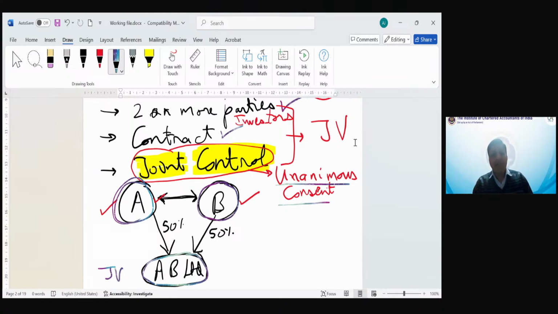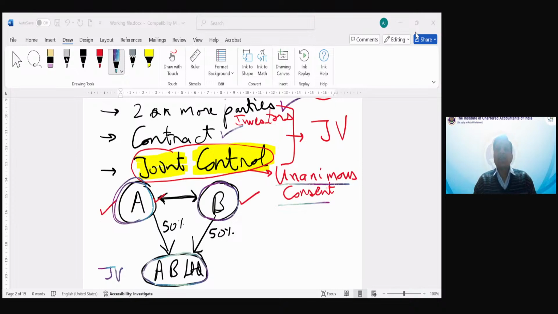How do you get a joint venture? Okay, so then I can see Anil has a question. Anil is asking, so agreement can be overriding, right? Like A can dominate B through agreement.